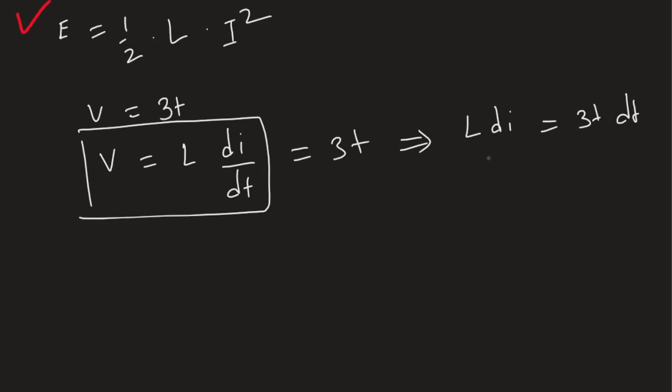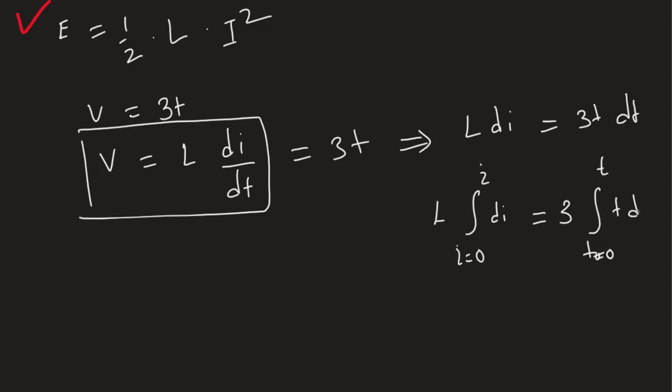Okay. So if you want to find the current, what we can do is the integration of both sides. So L integral of di, initially current is 0 to I, is equal to integral of 3t dt, t equal to 0 to t.